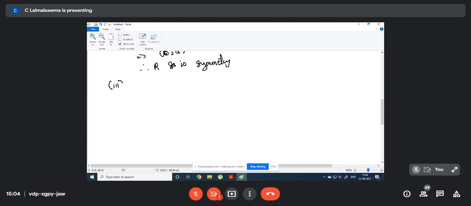And property number 3, the last property, is transitivity.